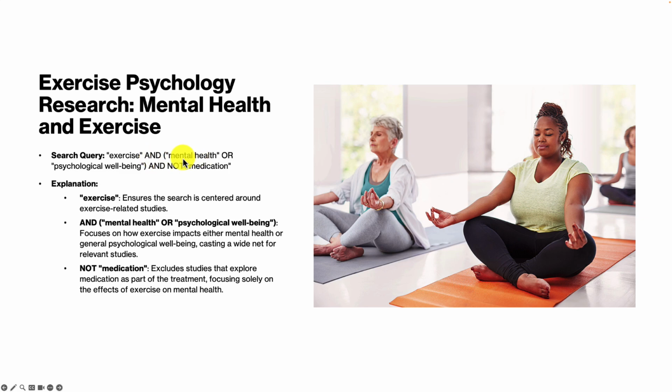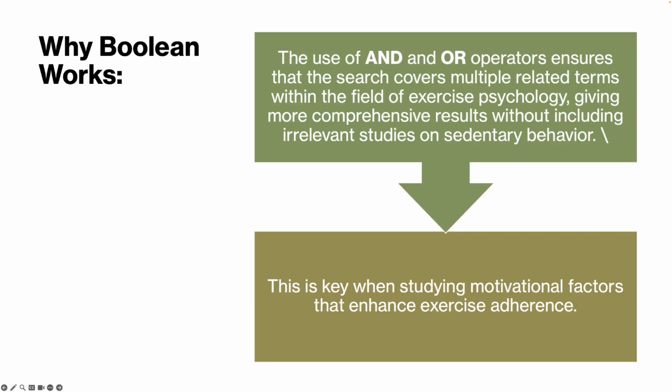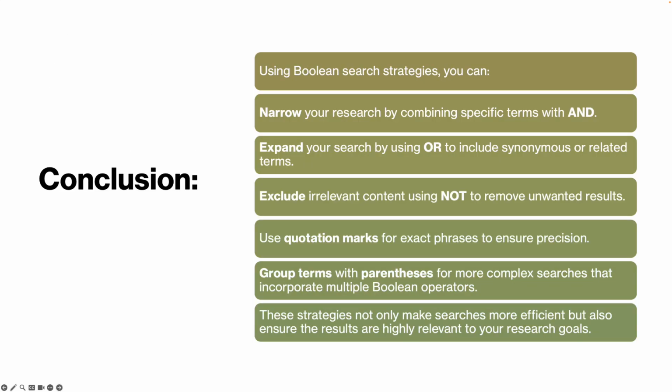Let's say a group in the United States uses this phrase, and then groups in Sweden use these phrases, right? So I'm saying I want this in combination with this, or this in combination with this, and not medication. I don't care about any sort of pharmaceutical intervention with mental health, right? So these are just examples.